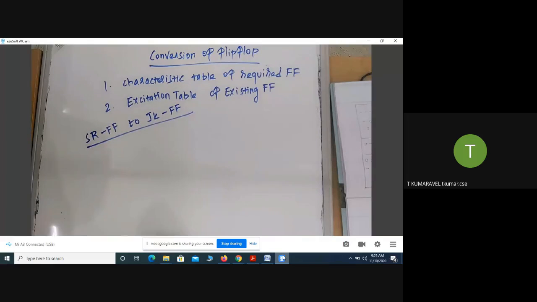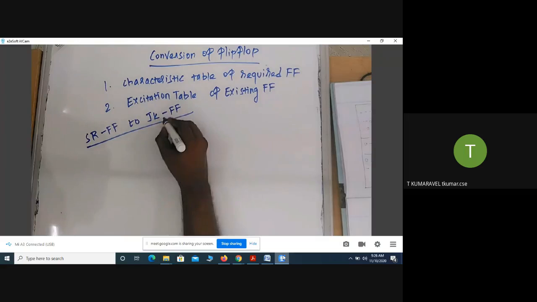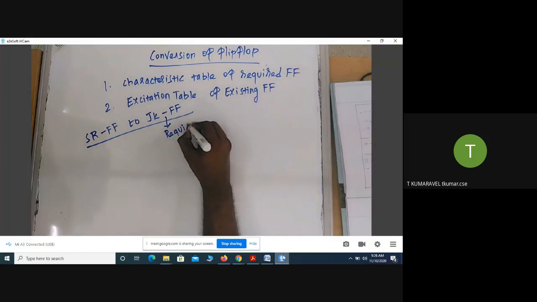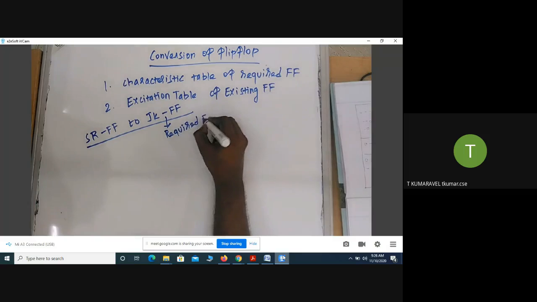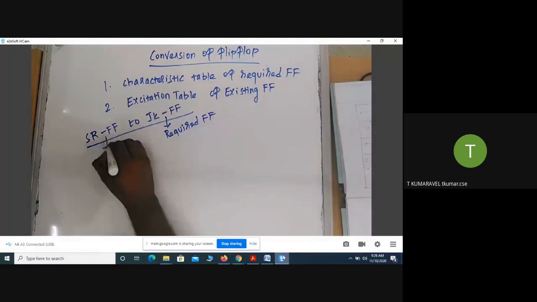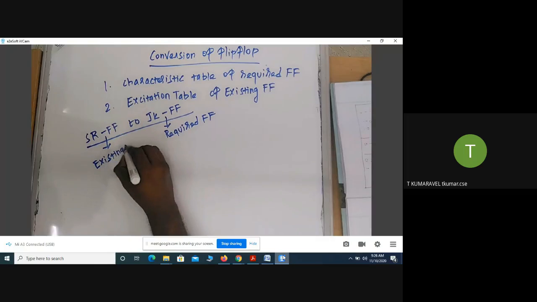You should know two parameters. One is the characteristics table of the required flip-flop. So here, which one is the required one and which one is the existing one? This one is called the required flip-flop. This one is called the existing one. The existing one you convert into the required format.